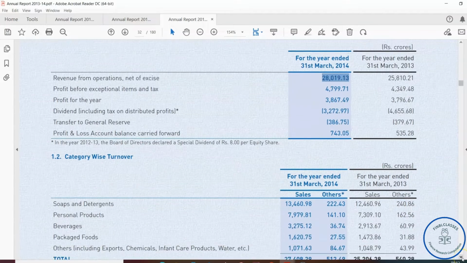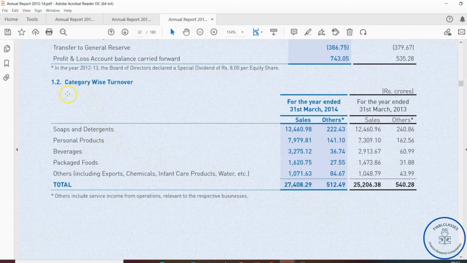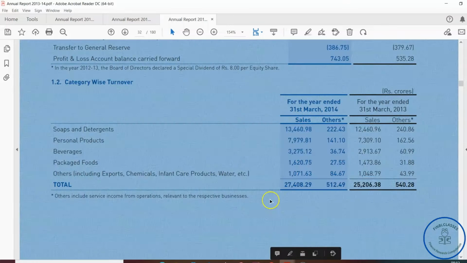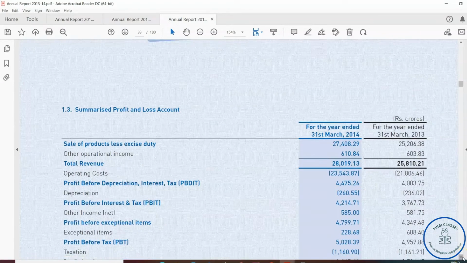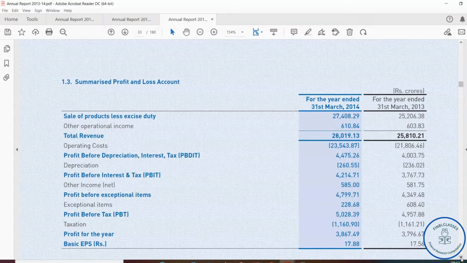Similarly, segment wise, they show how the sales of soaps and detergents, personal products, and beverages have performed, and packaged food at 1,620.75 crore, and other items including exports, chemicals, infant care products, and water, with sales of 1,071.63 crore. Now this will give you a little idea of how the values can be adjusted.